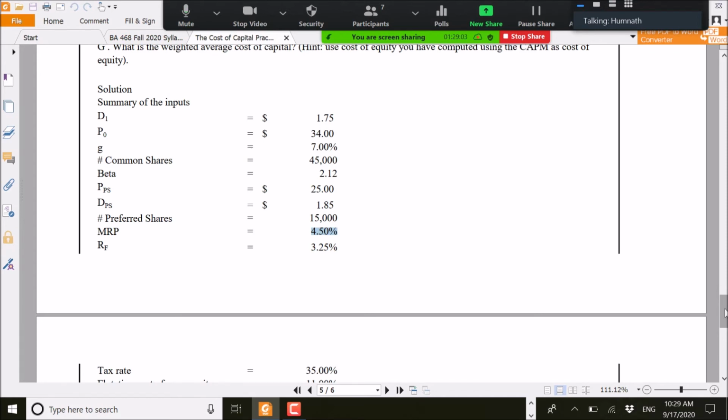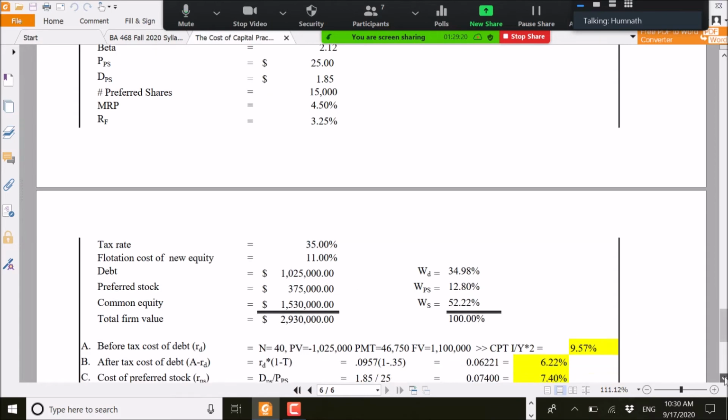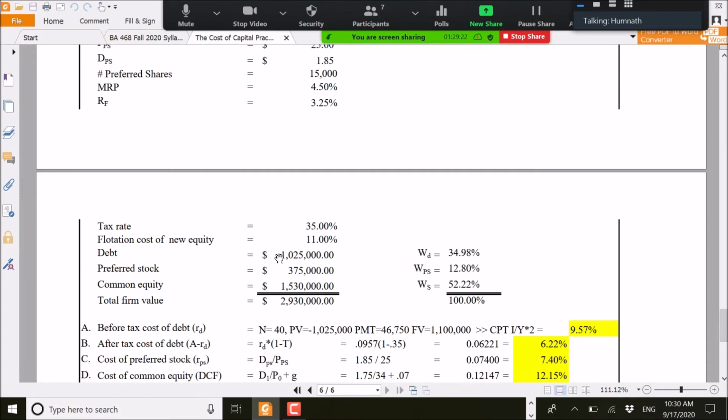Okay. If you go down here, you have the tax rate, the flotation cost of the equity, and then debt. In this case, this one is the book value of the debt. This value is the book value of the preferred stock.